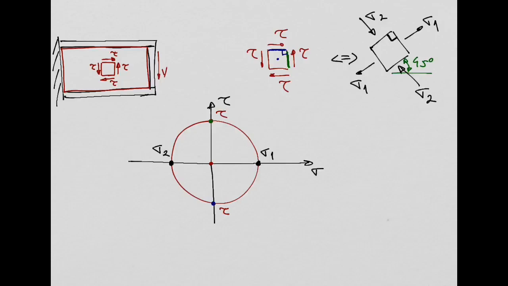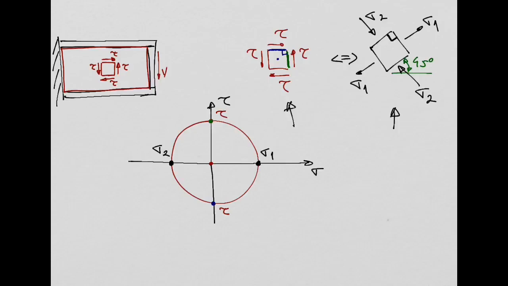And sigma 2 is negative, it is a compressive stress, yeah? So these 2 stress states, this pure shear and this one represented only by the principal stresses, they are equivalent. Why? Because they represent the same Mohr circle. The Mohr circle is exactly the same, isn't it? Yeah? So these two stress states are equivalent.